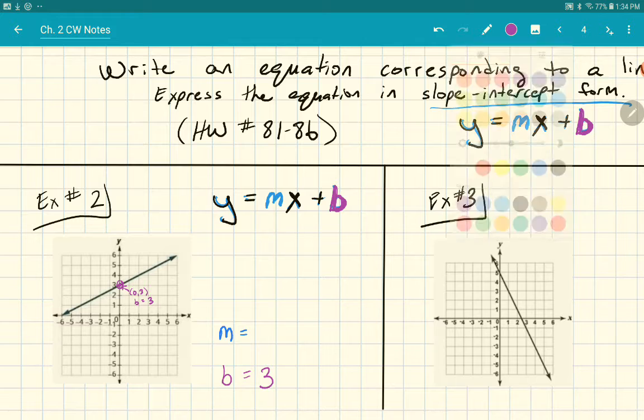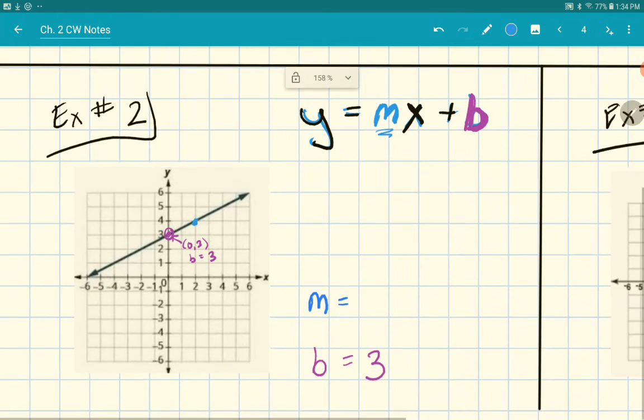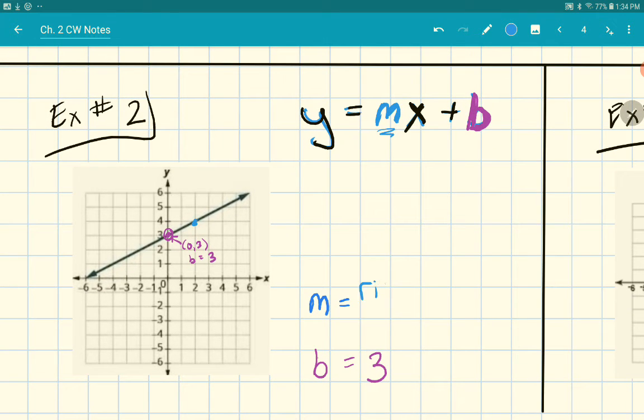And to find the slope, I'm going to do rise over run. We have that formula that works fine if I have 2 points, and I could find a second point right there and use the formula. But what I like to do when I have a picture is count units, rise over run.